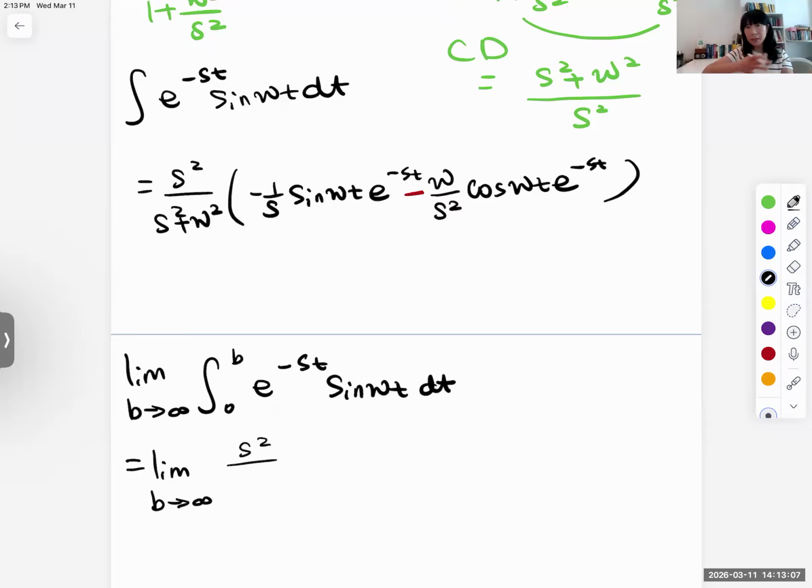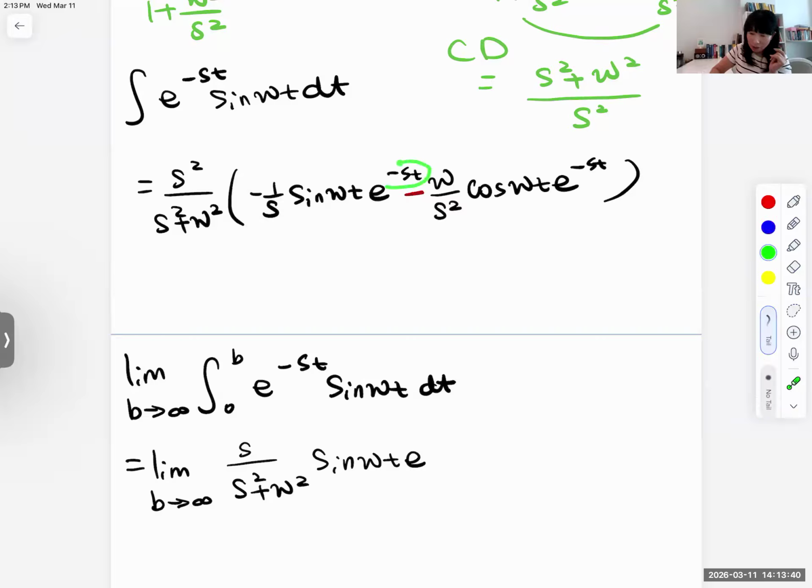Okay, now let's distribute. I have not distributed yet, right? So if we distribute s with s squared, there will be s over s squared plus omega squared sine omega t, and e to the st will be in the denominator, right?